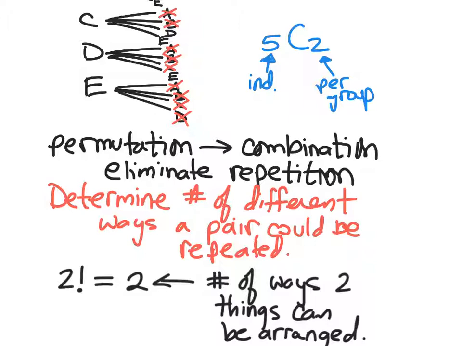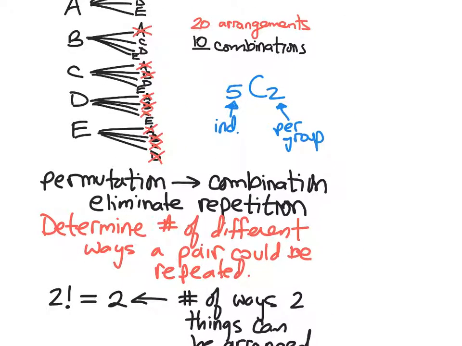So if you go back to what we wrote originally, we had the number of arrangements. We know that any pair of values can occur twice, based on the different orderings. So I just take my 20 and divide it by 2 and I get the 10. So you expand that out and you say, well, what if I wanted to have 3-person groups?